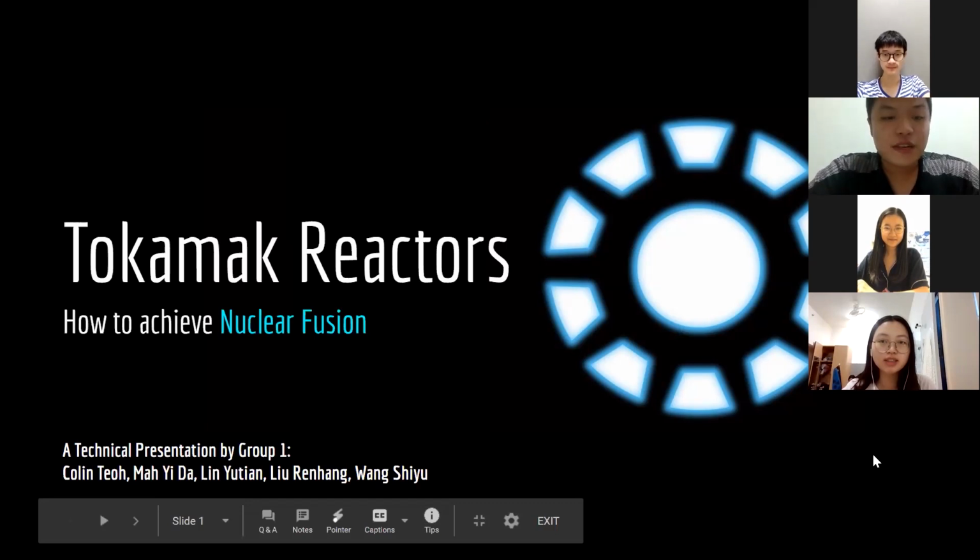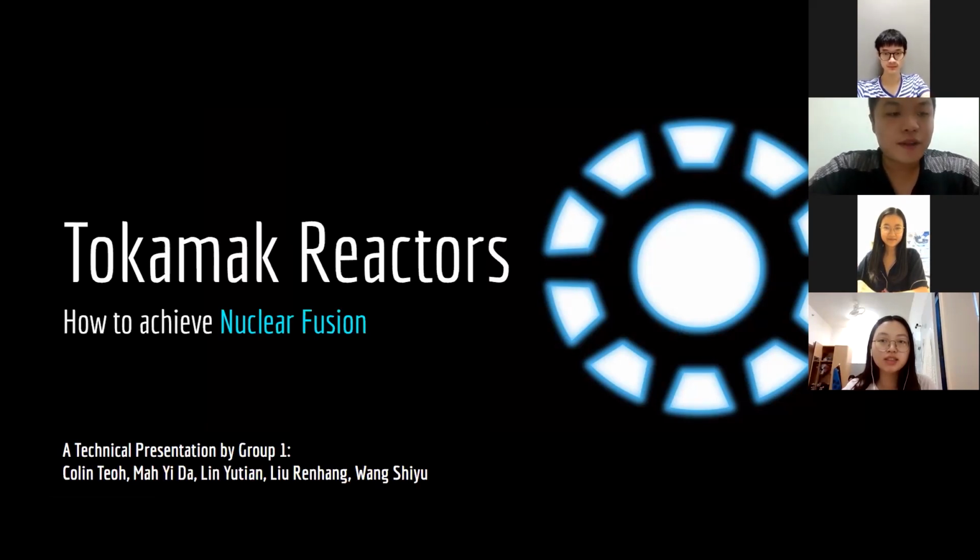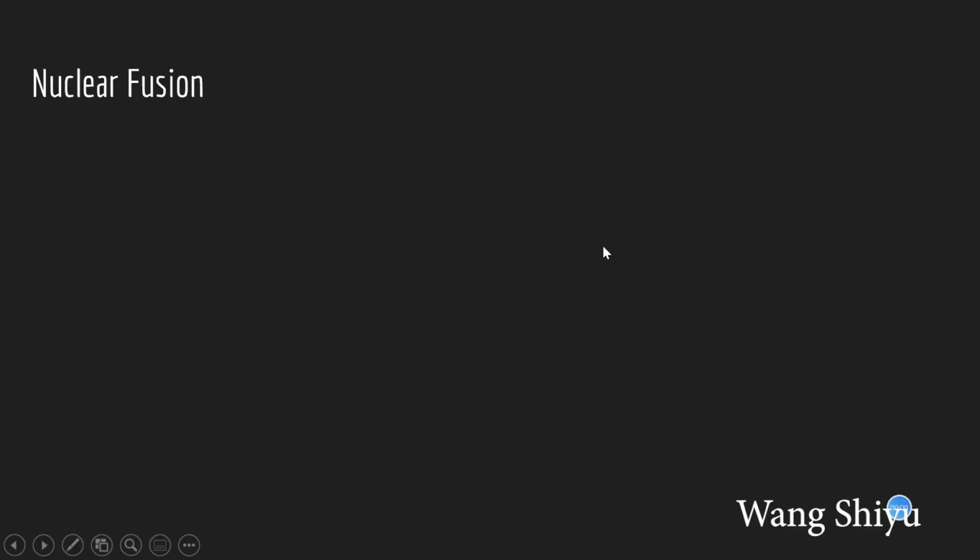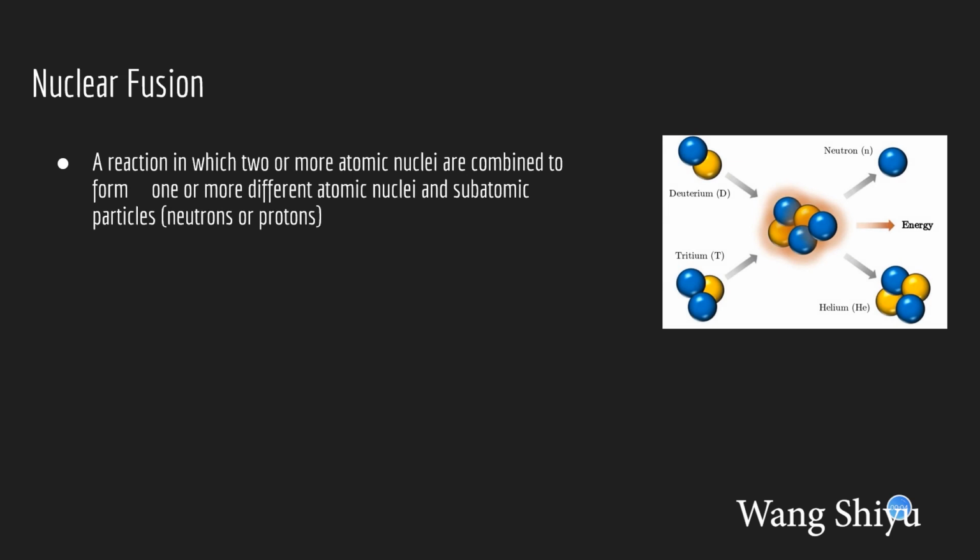And without further ado, let's begin with part 1 of how nuclear fusion actually works. Nuclear fusion is a reaction in which two or more atomic nuclei are combined to form one or more different atomic nuclei and subatomic particles.